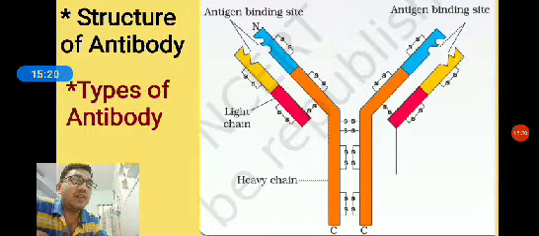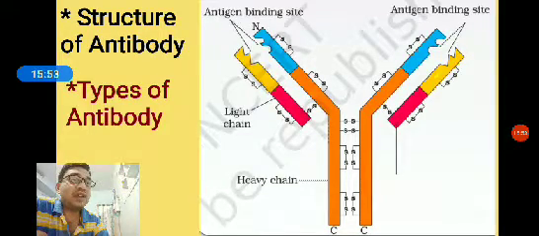This is the variable region, this is the constant region. The variable region is the antigen binding site that differs in different antibodies, whereas the constant region remains constant. The constant regions remain constant, but the variable regions differ in different antibodies.